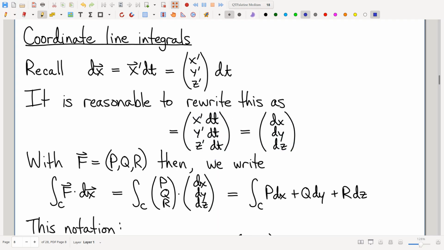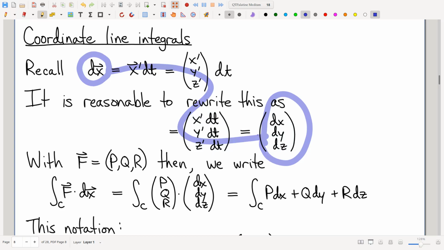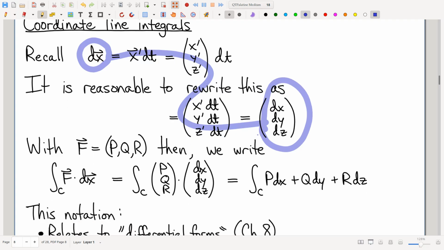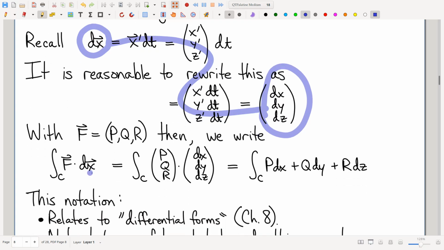All together then, we have a pretty reasonable coordinate expansion, you might call it, of our position differential, our dx vector. Okay. Who cares? Well, dx written in coordinates like so.